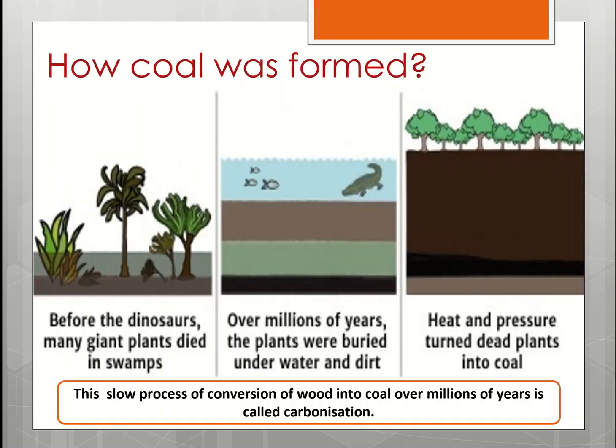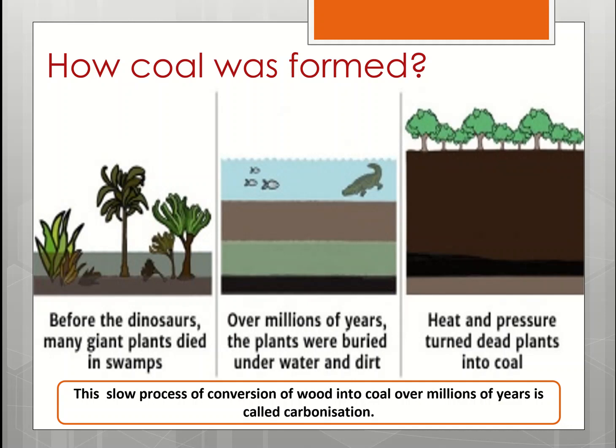Before the dinosaurs, many giant plants died in the swamps. When they died, they were buried under water and dirt. Slowly and gradually, more and more layers of soil got built up on this dead vegetation. These layers of sand and dirt created a huge amount of pressure and increased the temperature to a very high level.